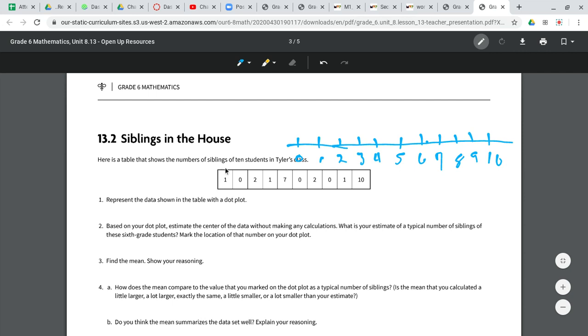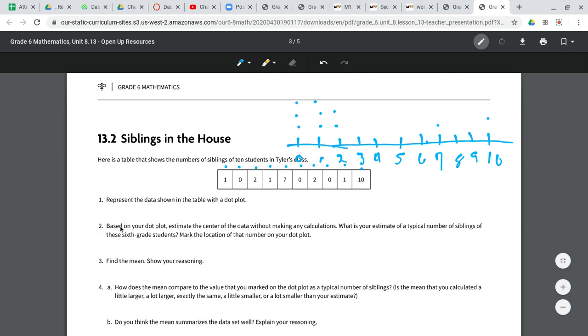Okay, so we've got 1, we have a 0, we have a 2, we have another 1, we have a 7, we have a 0, we have a 2, we have another 0, we have another 1, and we have a 10. All right, so there is our dot plot that represents this data.